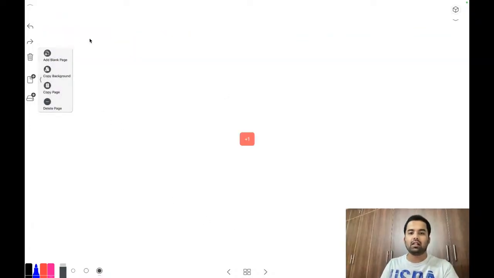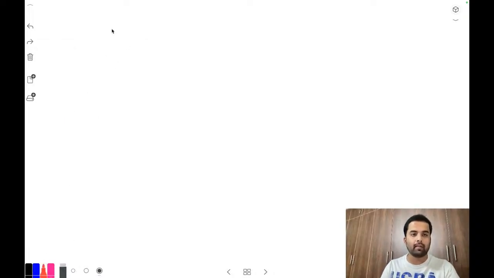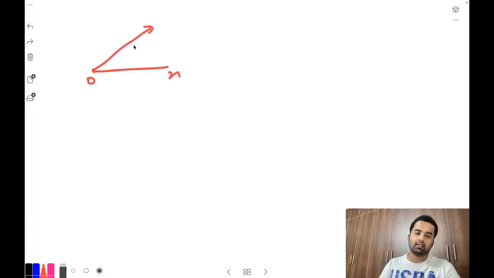Before starting this part, let me mention one thing, because we have a use of this here. Suppose we have the origin here, and here is the x-axis. If the angle goes up like this, that is the meaning of elevation, upside.